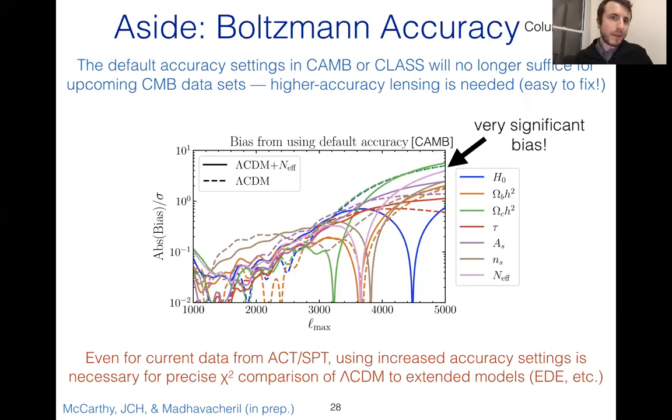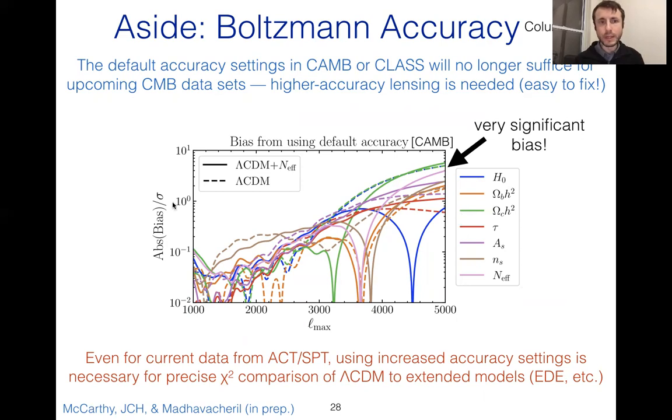Then the final comment I wanted to make here is just that in the course of doing this, we've also learned that we're going to have to be more careful about how accurately we compute things numerically in our Boltzmann codes. The default settings in CAMB or CLASS actually don't suffice for the analysis of upcoming data sets. The biases that one can get from using the default accuracy actually are even larger than these baryonic biases I just showed you.